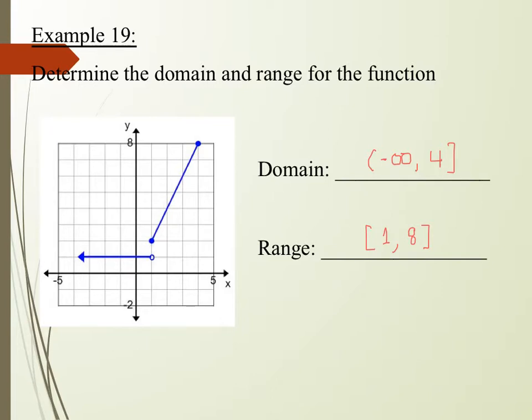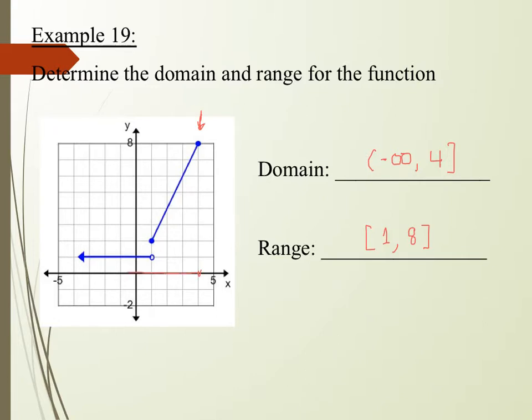I wanted to show you a lot of examples, so here's example 19. Determine the domain and range for the following functions. Again here, the domain, we've ended x at 4. So x can be 4, right?